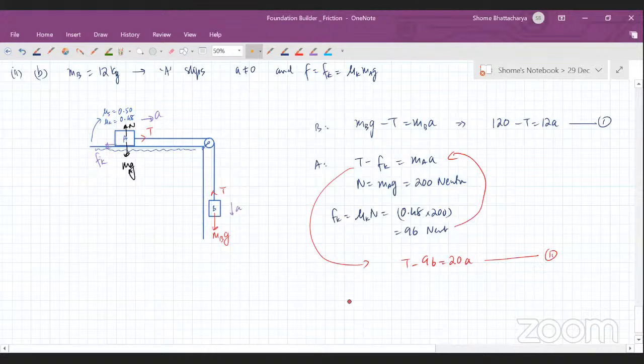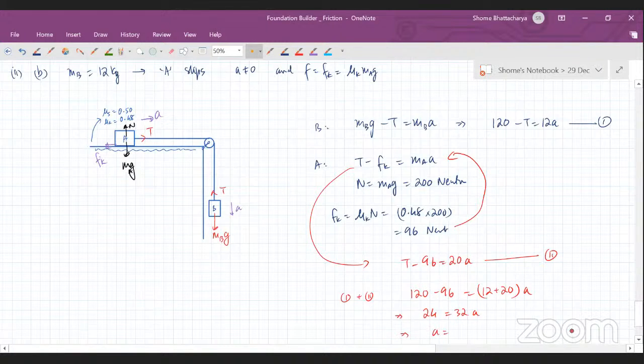This becomes our second equation. So now we just add equation 1 plus 2. So T will cancel out and we'll get 120 minus 96 is equal to 12 plus 20 a. So as you can see, this is 24 newtons is equal to 32a.